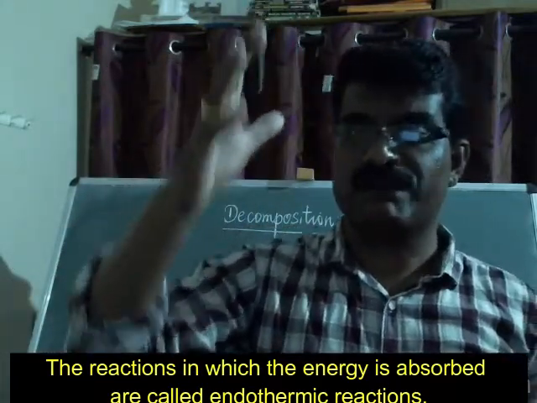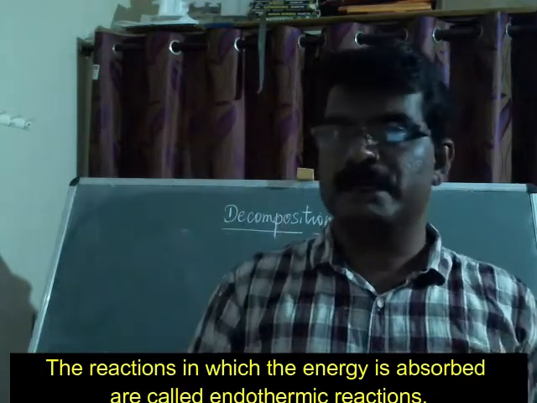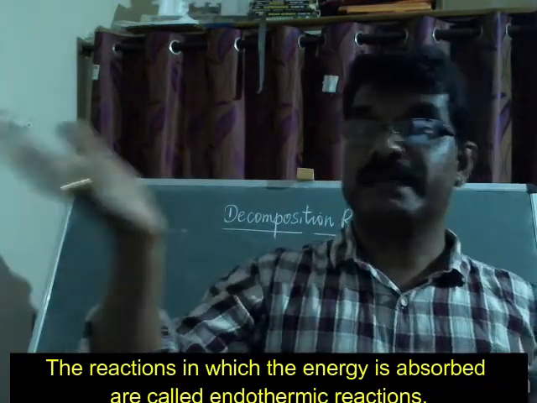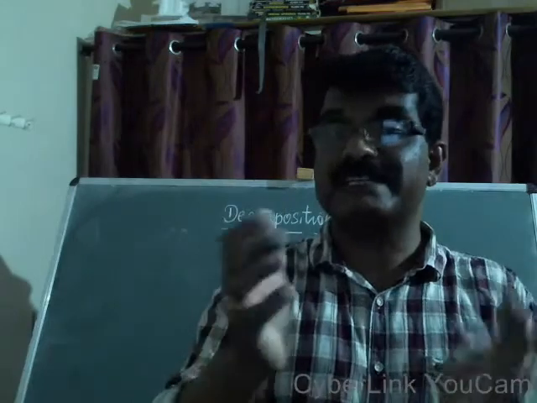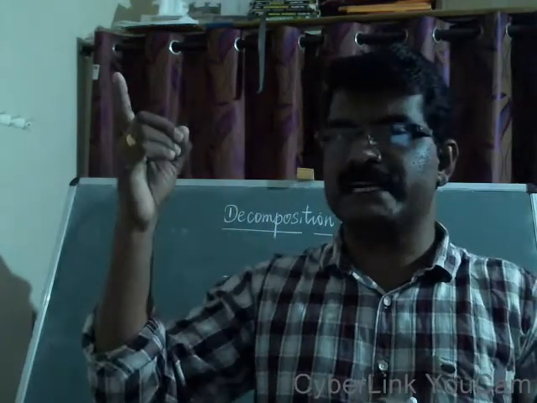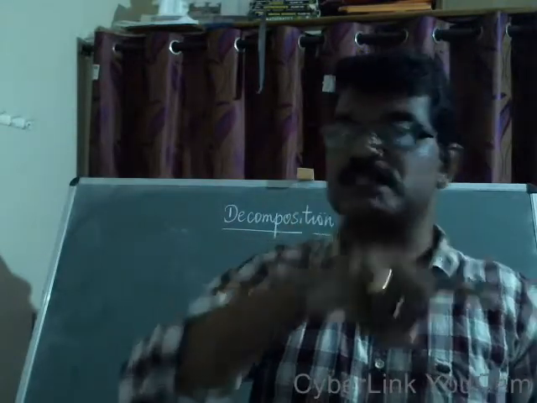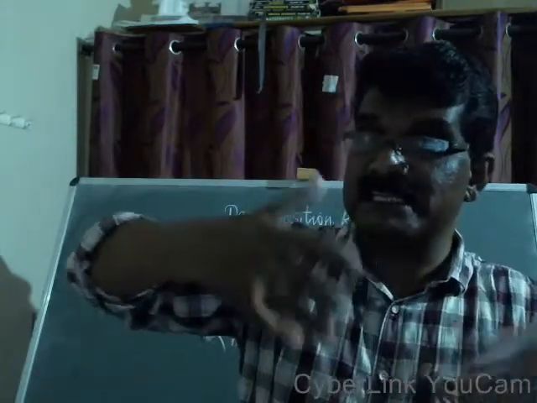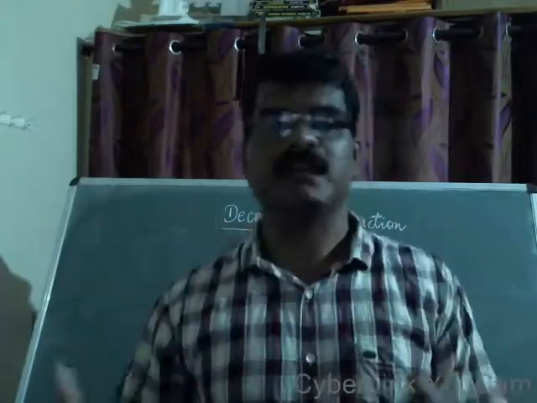The decomposition of iron sulphate by absorbing heat and the decomposition of calcium carbonate by absorbing heat are examples for endothermic reactions. In the previous class we studied that combination reactions are exothermic. There the heat energy is evolved, but here the heat energy is used up. The heat energy is absorbed for breaking the chemical molecule.